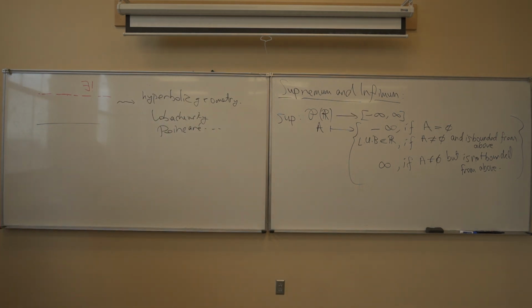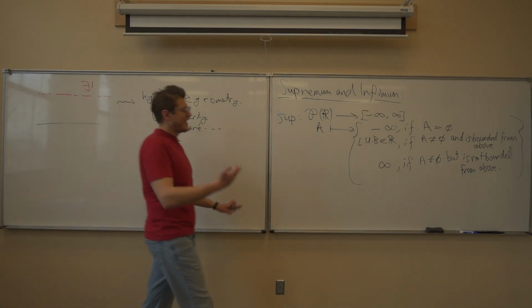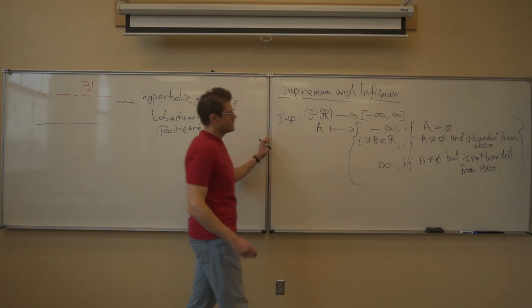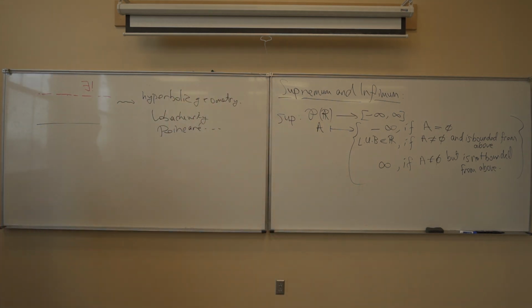Okay, this is the definition. So sup of A is basically the least upper bound. I want to include plus or minus infinity as well. It's going to be convenient.